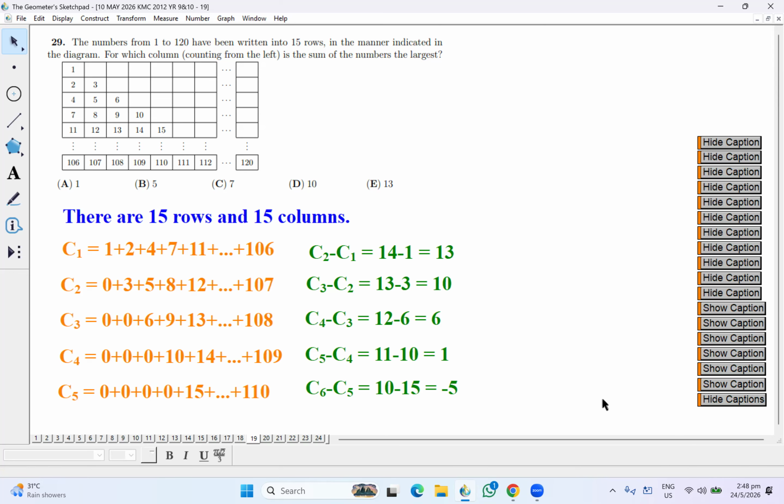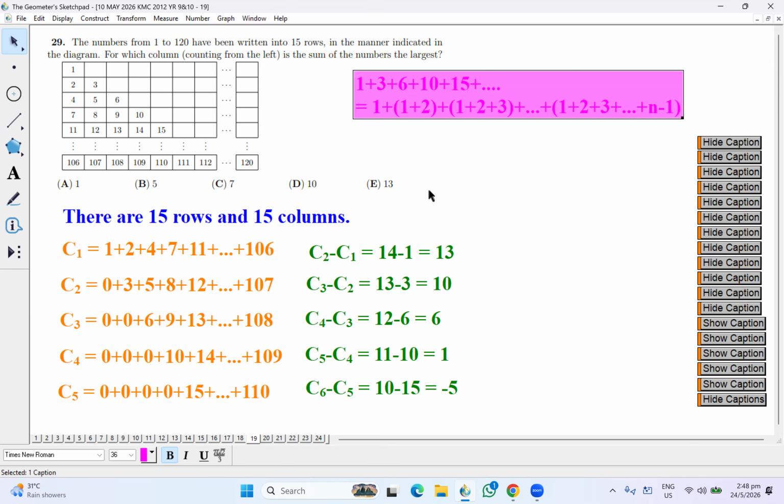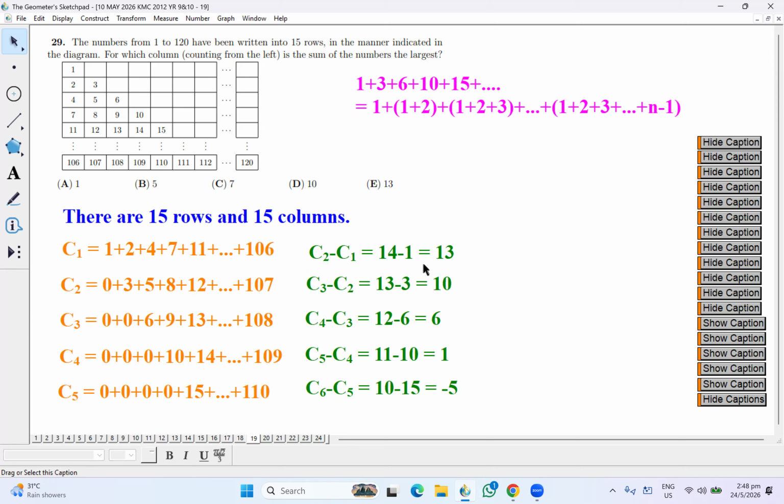You may say, sir, with 15 columns you can still do it like that. Suppose I say 30 columns, 30 rows, or 100 rows, then it is different already. So I try to do the general case. First, I noticed the diagonal 1, 3, 6, 10, 15. These are triangular numbers, the numbers that form a triangle.